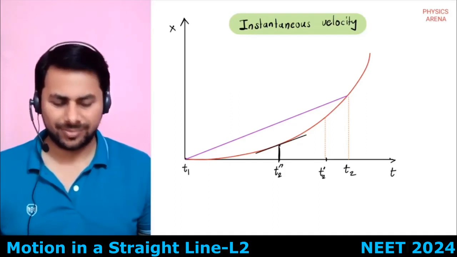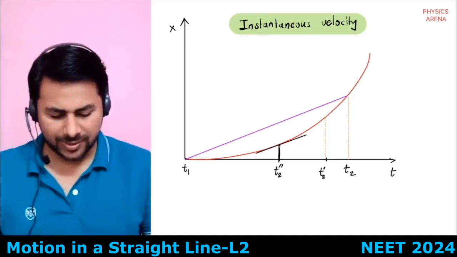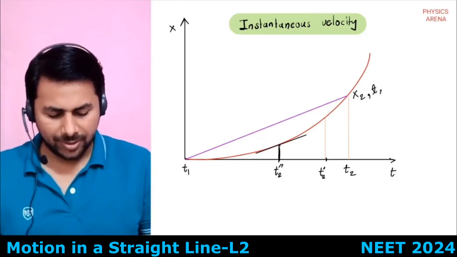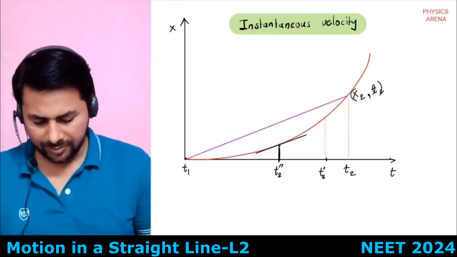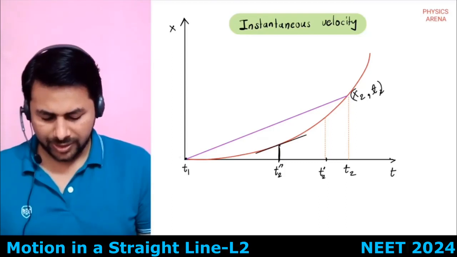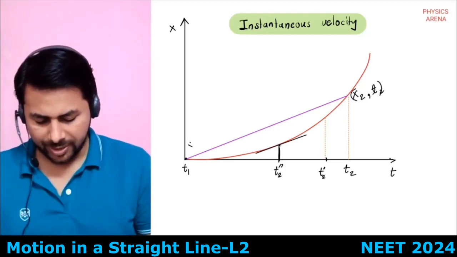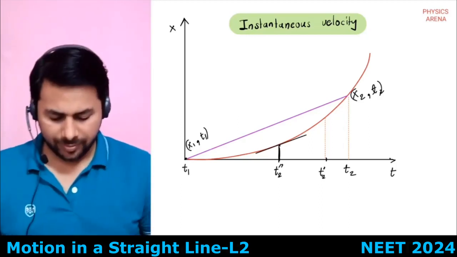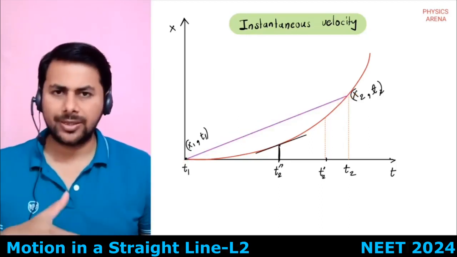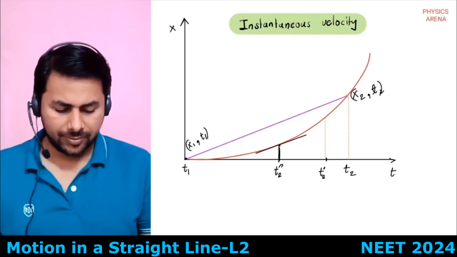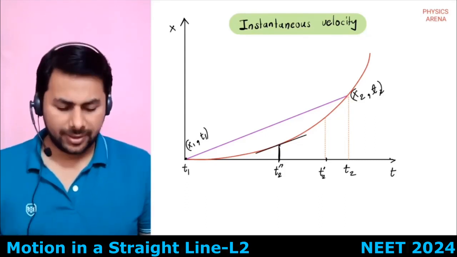Yes, sir. Okay, you get these 2 points. This is x2 at time t2, and this one is x1, position x1 at time t1. This is the first point, x1 at t1, right? So if you join the points, you get this line. Now what will be the slope of this line?